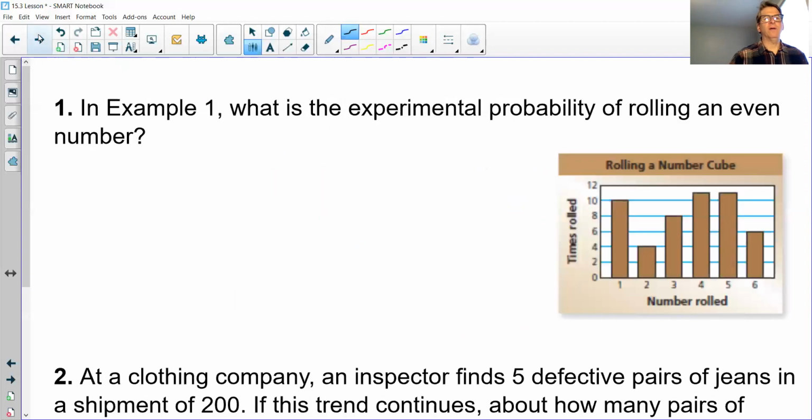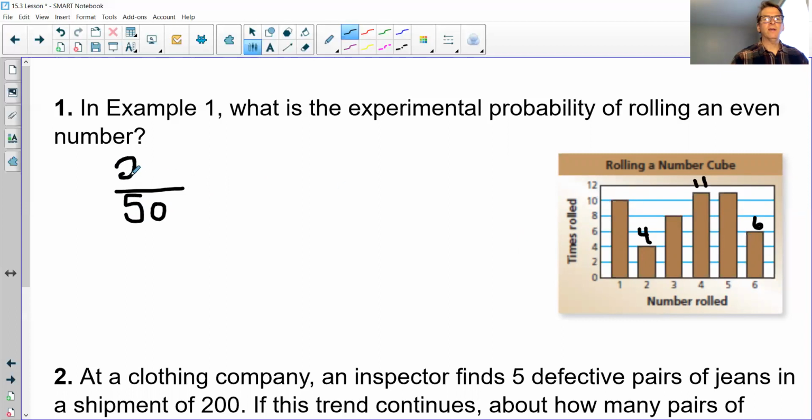On your own, number 1. In example 1, what is the experimental probability of rolling an even number? We had 50 rolls. Now for even, we have 4 here and 11 here, which would be 15, plus the 6 would make 21.